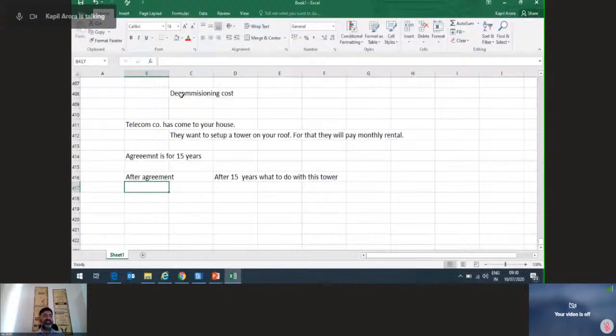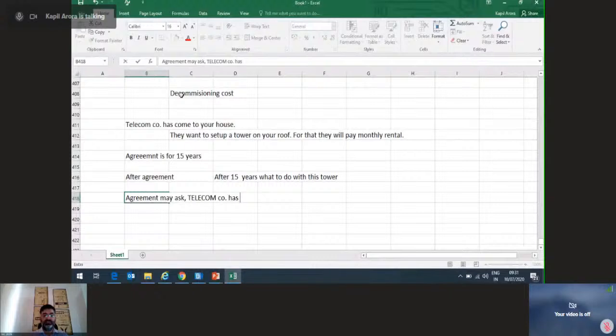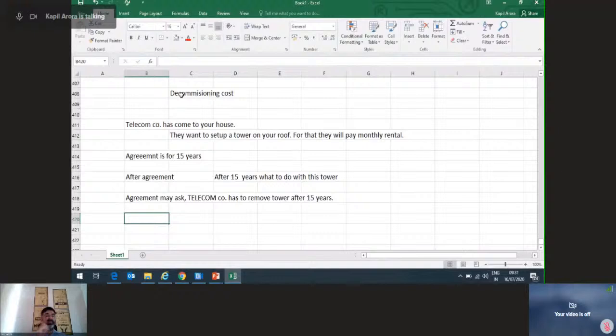Can the tower company say that we are not going to remove the tower, whatever is there is yours now? They can't. The agreement may require the telecom company to remove the tower after 15 years. It means they have to decommission. Decommission means removal. They have to decommission the tower.